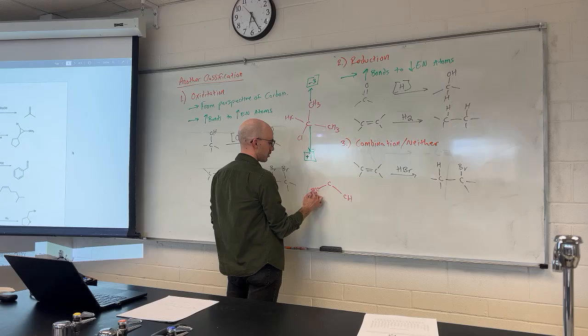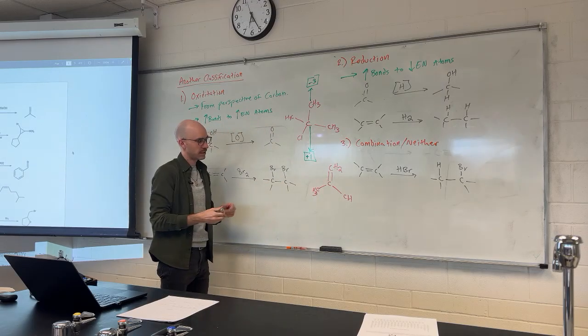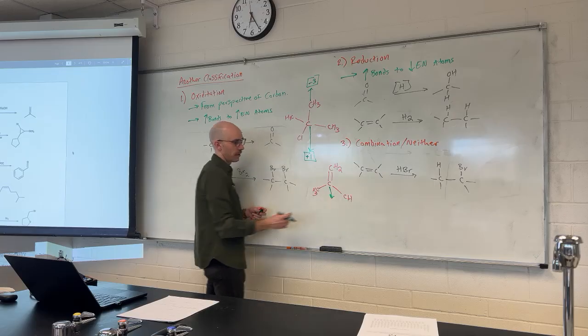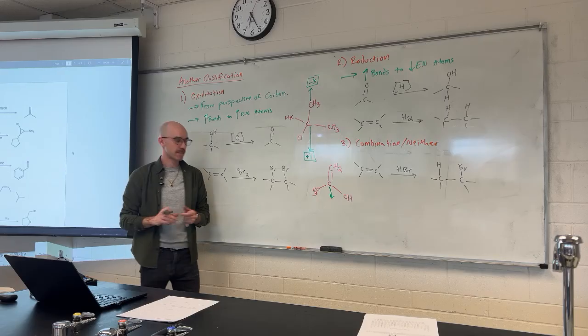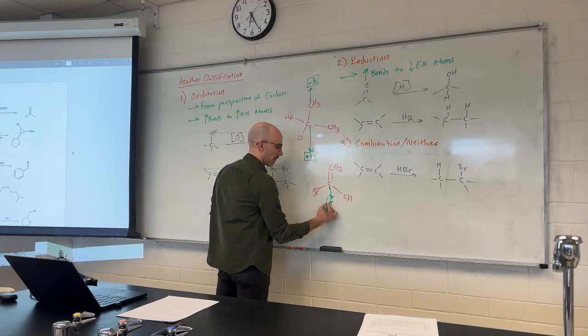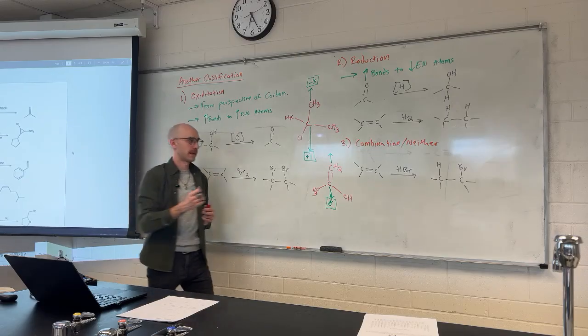So I have a +1 carbon and a -3 carbon, and my product took me to an alkene. What is the oxidation state now of the carbon on the bottom? Zero. And the oxidation state of the carbon on the top? -2.